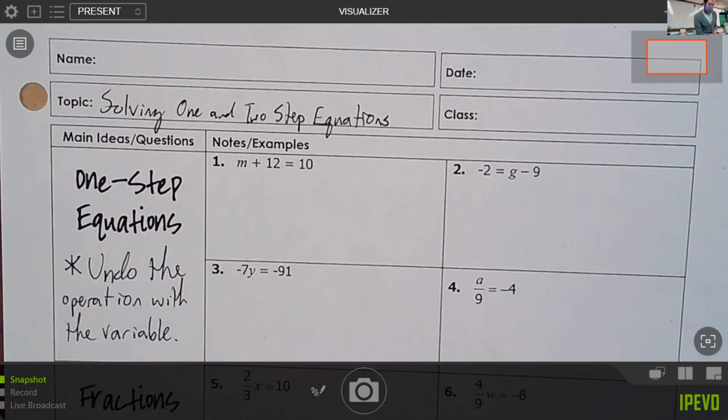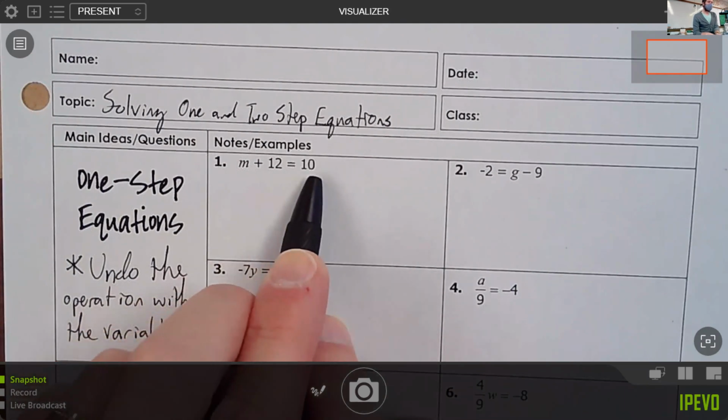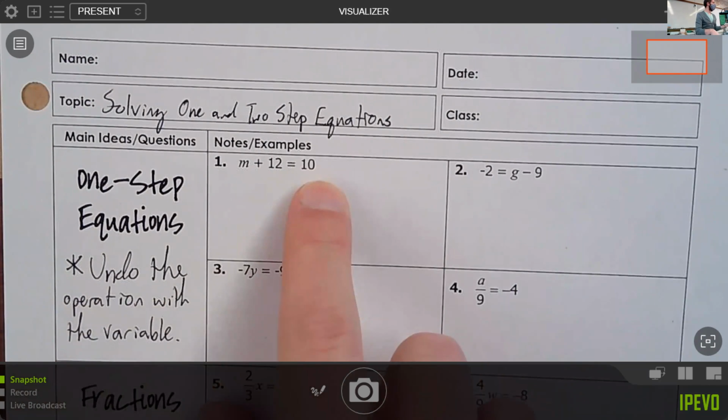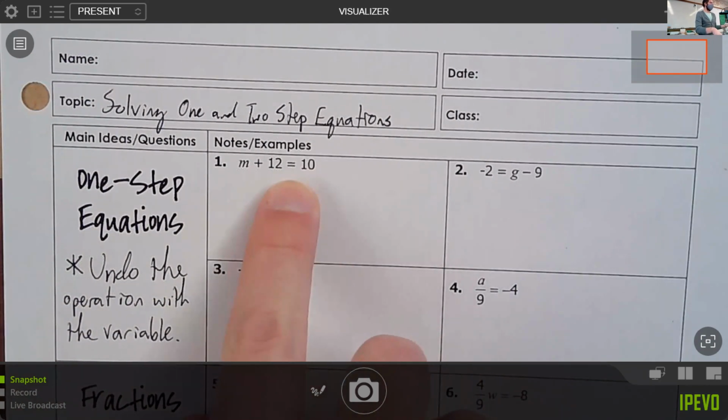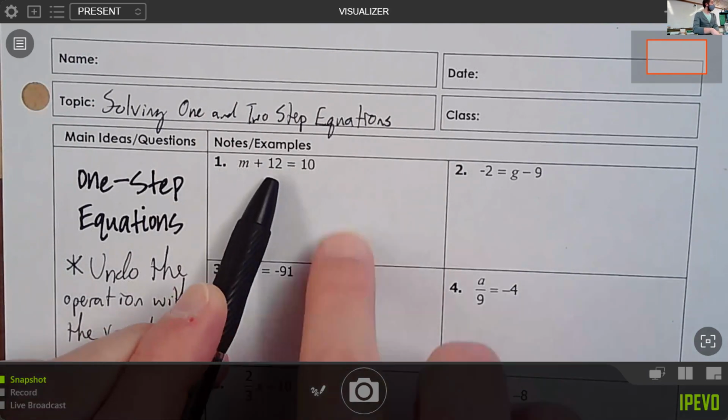And when we're dealing with equations, can we agree that everything on the left here is the same as everything on the right? Like the m plus 12 is the same as 10. Can we agree on that? Because there's an equal sign here. Equals means what? Equals means the same. So we're being told that these two things added together is the same as 10.